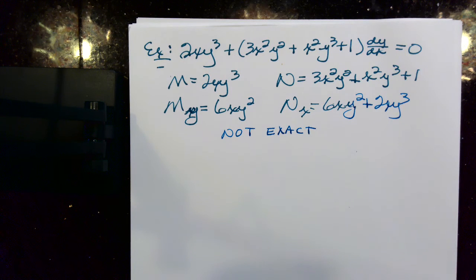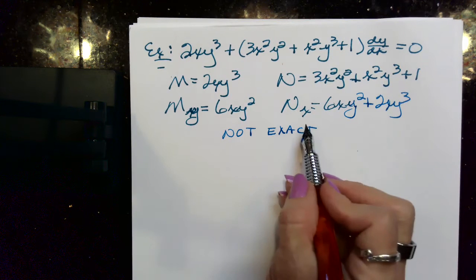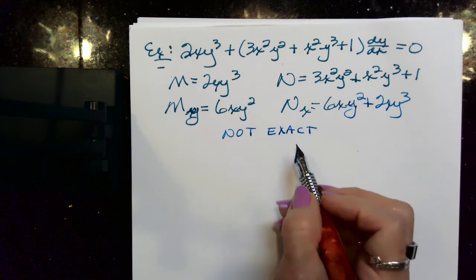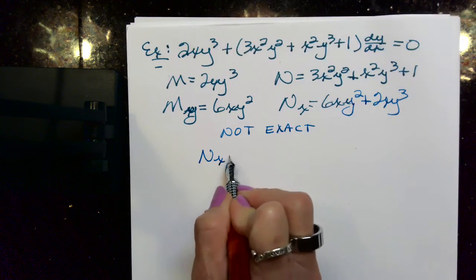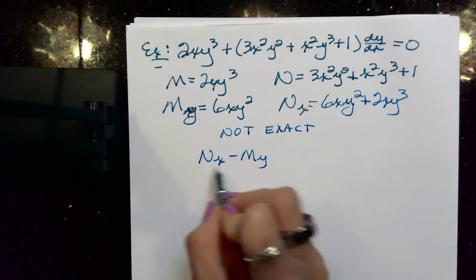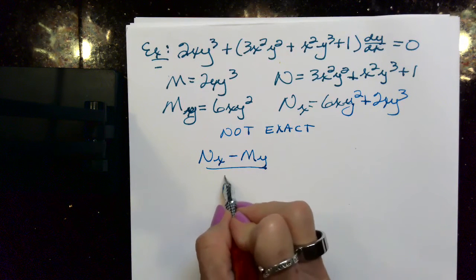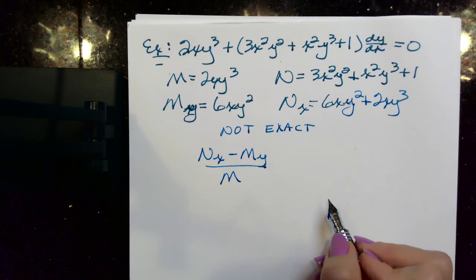Okay, so it's clearly not exact. If you look at m sub y minus n sub x, that won't get you anywhere. Divided by n, that won't get you anywhere. But let's look at n sub x minus m sub y divided by m, which was another choice we had.